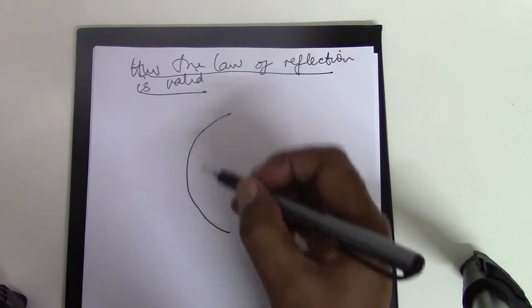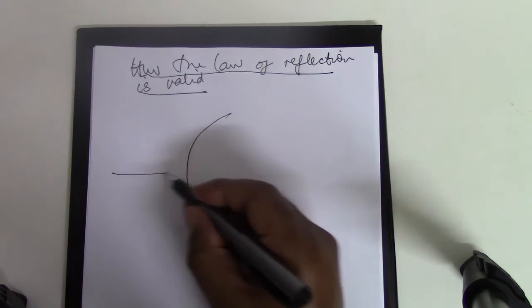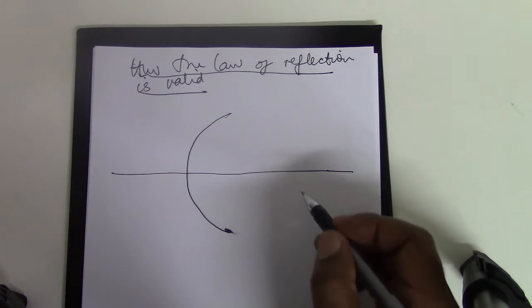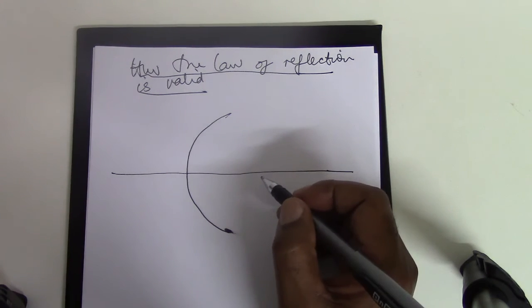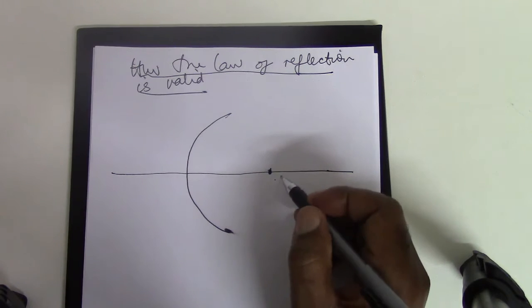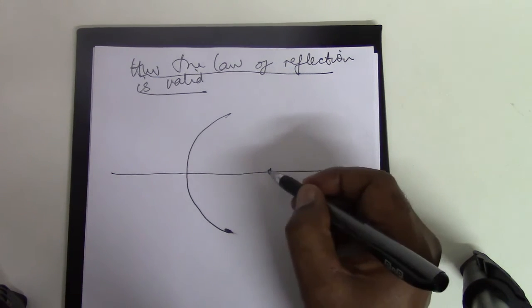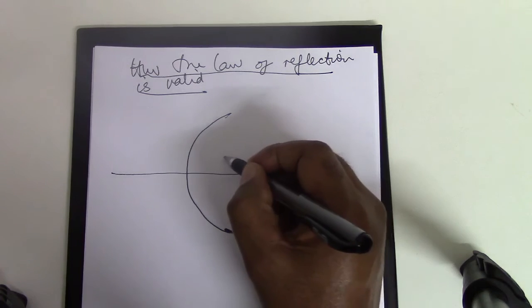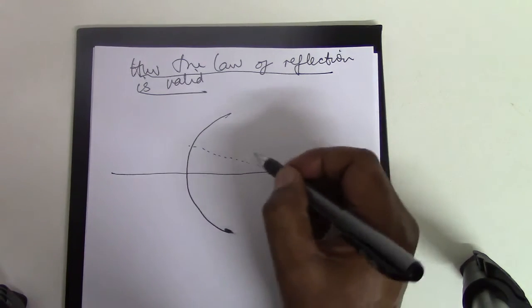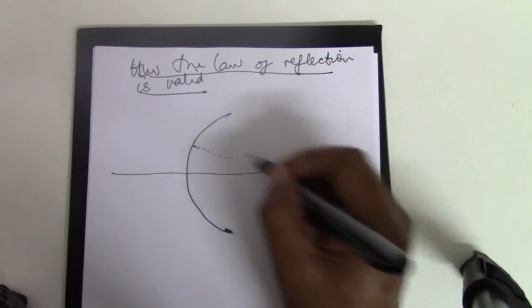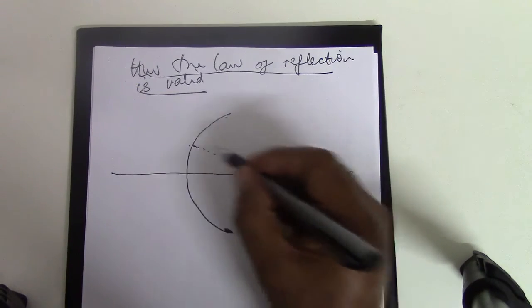Let's suppose this is my optical axis, and let's suppose that this is the center of curvature. If I draw a straight line to the surface from the center of curvature, remember this becomes the radius of curvature.